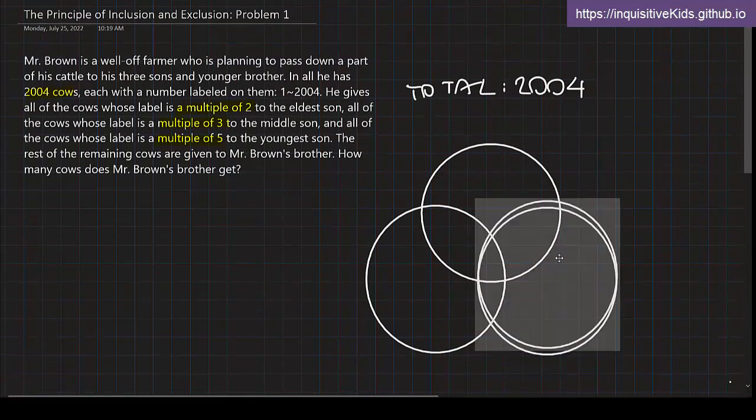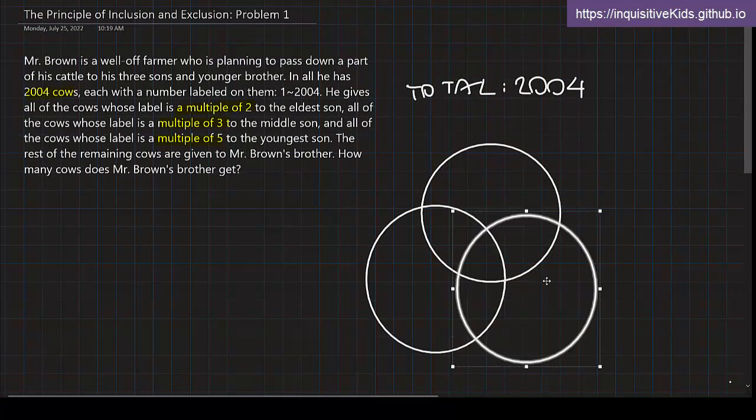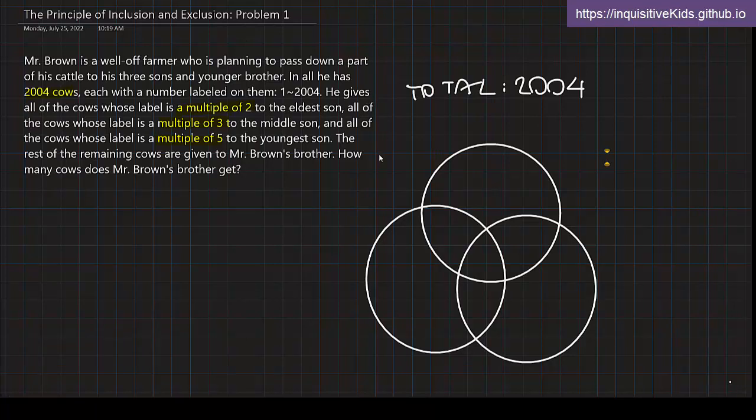Because we need a part to be overlapping right in the middle and 3 other parts around it to show the parts that are being overlapped. Sometimes if you have 4 categories, you're going to need 4 different circles. 5, you're going to have 5 different circles. If you have only 2, then you only need 2 circles. Got that? Yeah, so this is called a Venn diagram.